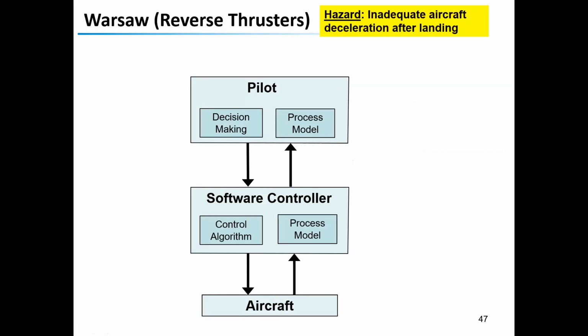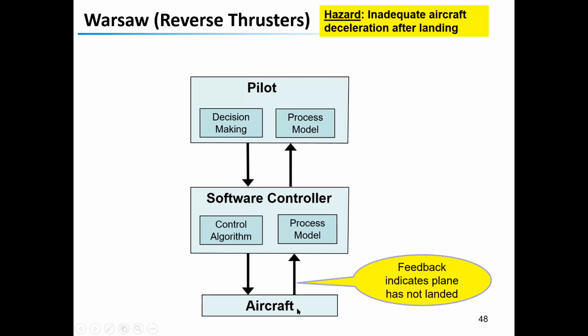So let's look at those two examples that I showed you, the accidents earlier. In Warsaw with the reverse thrusters, the hazard was inadequate aircraft deceleration after landing. So what happened? The aircraft sent feedback indicating the plane did not land. So the software controller says the plane hasn't landed, and so its process model believes that the plane hasn't landed.